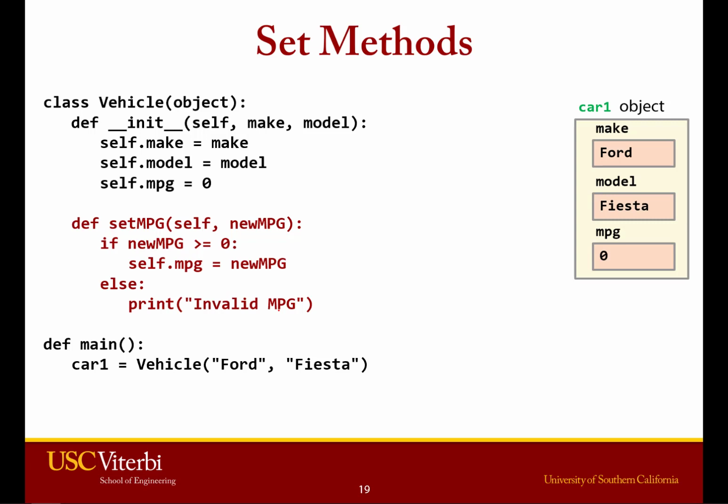Let's look at one in action here. Now we have a setMilesPerGallon method, and look at what it does. It's very simple. It takes the new miles per gallon, and if it's greater than 0, we can set that value. If it's less than 0, then it says it's invalid.